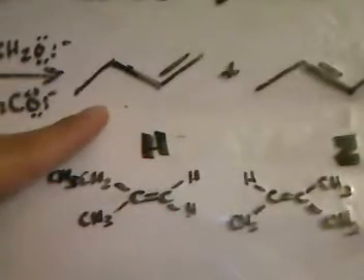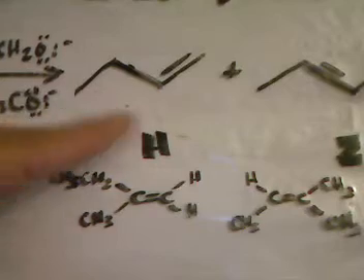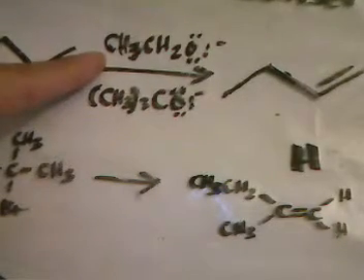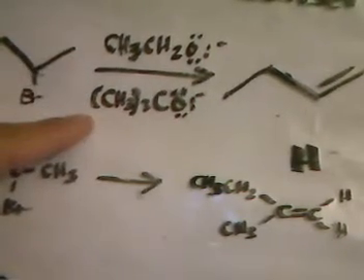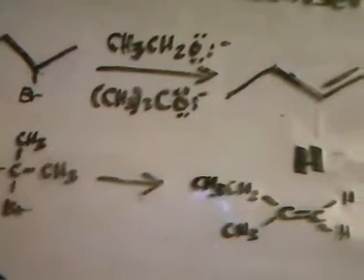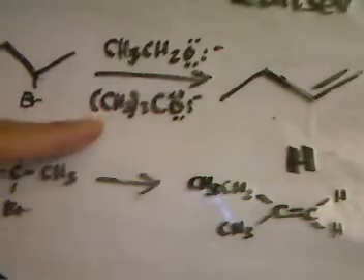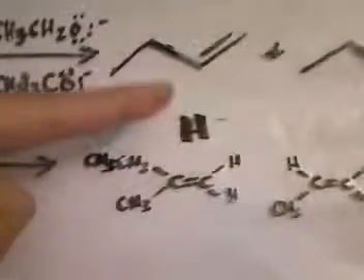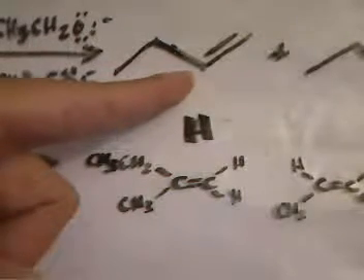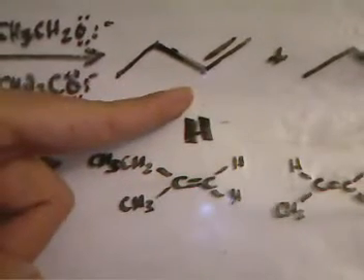When you have the task of synthesizing the least substituted alkene, or a Hoffman product, then you choose a strong bulky base. The reason is that when a base itself is bulky, it prefers to abstract the hydrogen from the position that leads to the formation of the least substituted alkene.